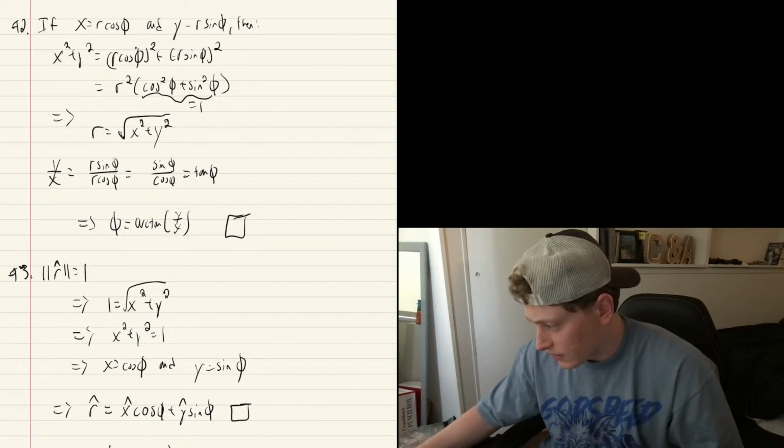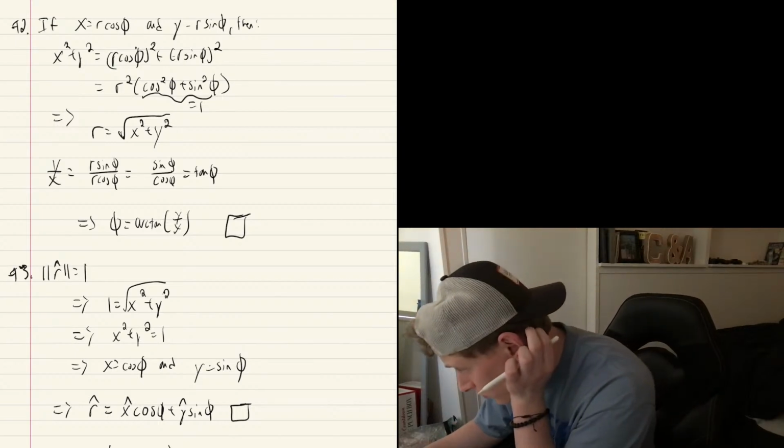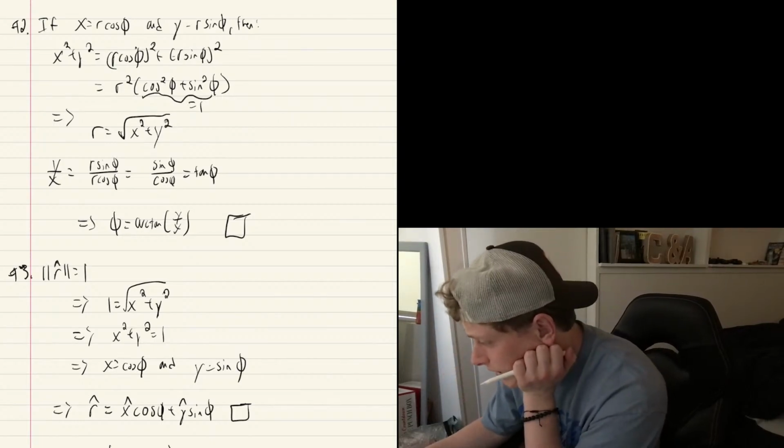Okay, this is a different way of doing the same thing, but yes, I got the first part right. Okay, they did this a very different way. So they did it. Yeah, the magnitude is equal to 1.